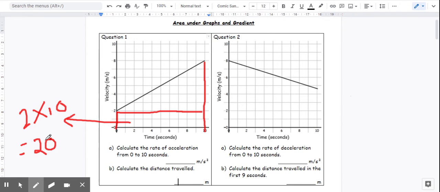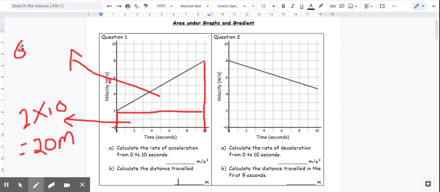Now the unit used for the distance is meters, because if you look at velocity, it says meters per second. Then we calculate the area of the triangle. The area of the triangle would be half times base times height. We know the base is 10, and the height is not 8, it's from 2 until 8, which is 6.